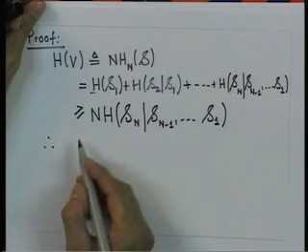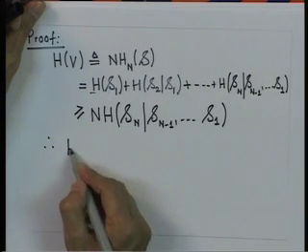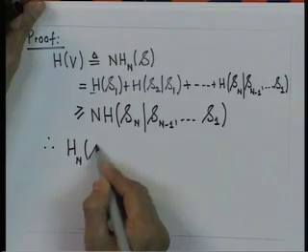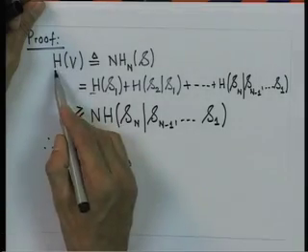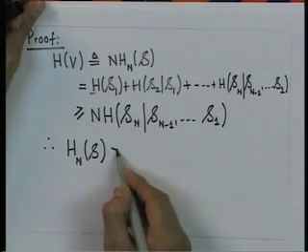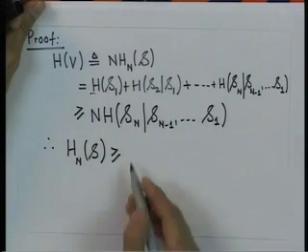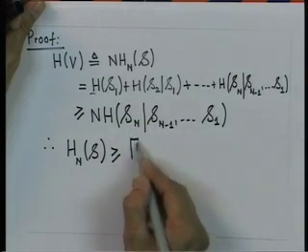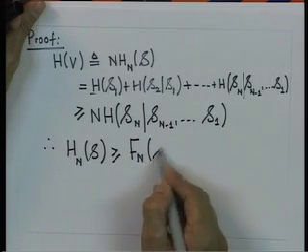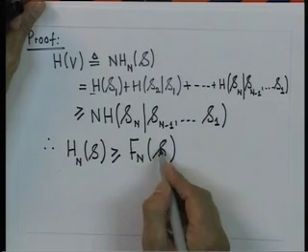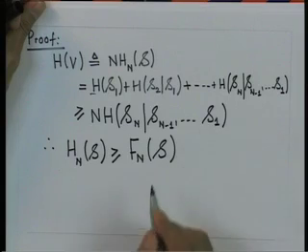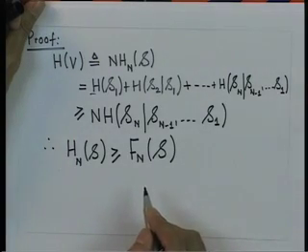Therefore, HnS, which is nothing but HV divided by n, is greater than or equal to H of Sn given Sn minus 1 up to S1, and that is by definition FnS. This definition of FnS we had seen last time.